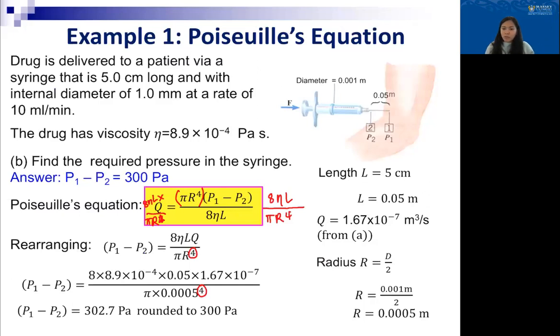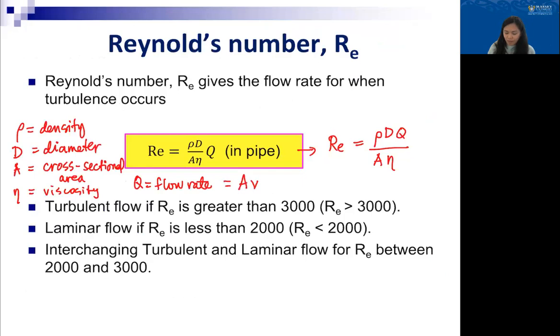So Bernoulli's equation is a general equation that can be used for any kind of fluid, but Poiseuille's equation is only specific to viscous fluids. I hope that makes more sense. Okay, good.